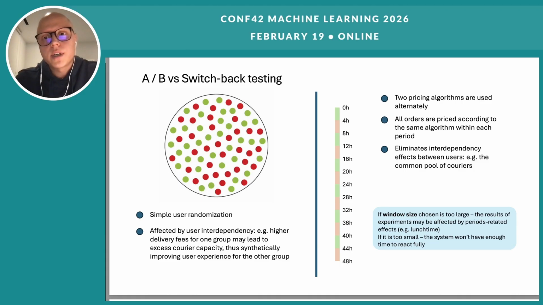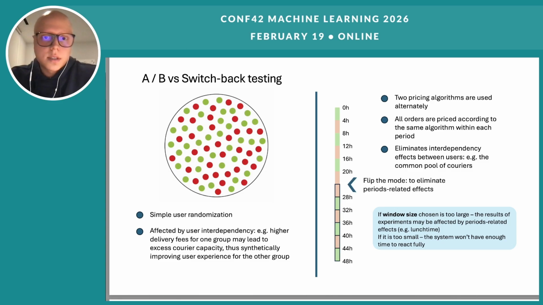So how to solve the first problem? Sometimes, to avoid that local seasonality within a day, which is for example due to lunchtime or something else, you can flip the mode.